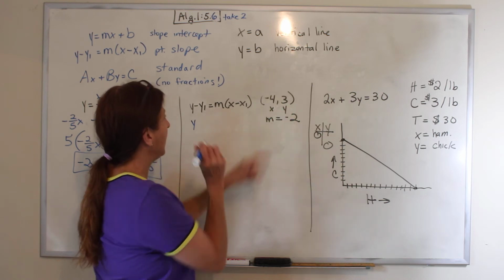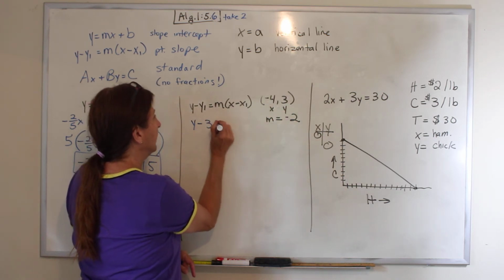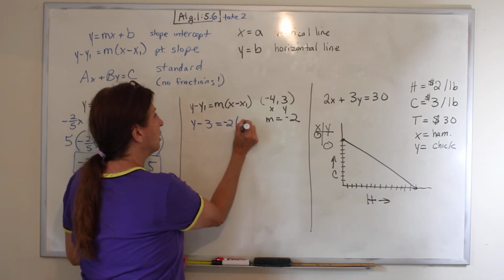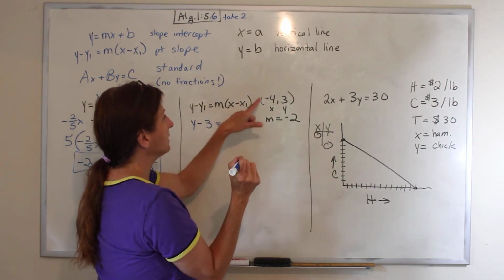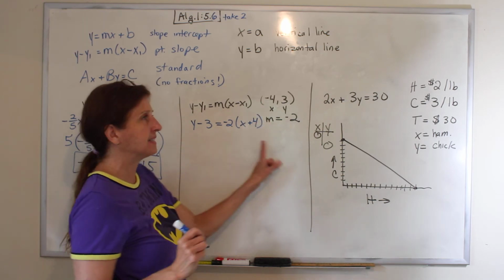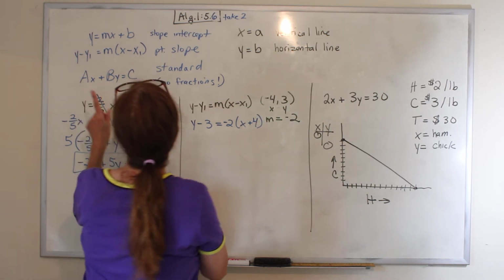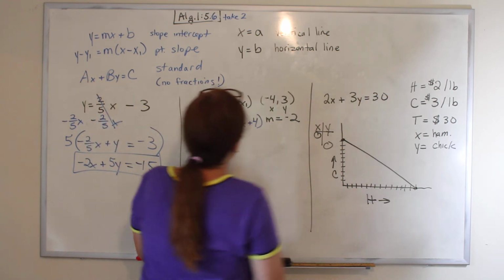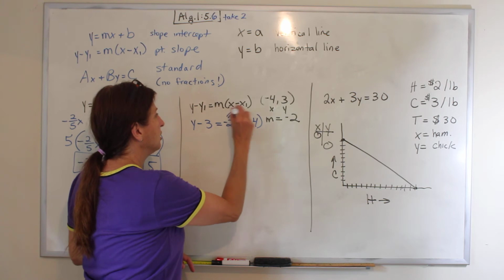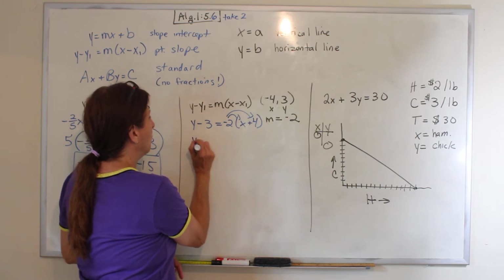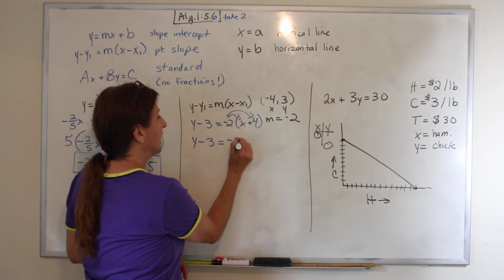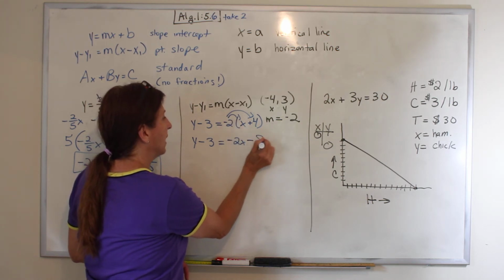So y minus 3 equals m, which is negative 2, times x minus minus 4, which is plus 4. Okay, so that's it in point slope. Now we want to make it standard. Well, the problem is we have that parentheses thing. So we need to distribute that first. y minus 3 equals negative 2x minus 8.